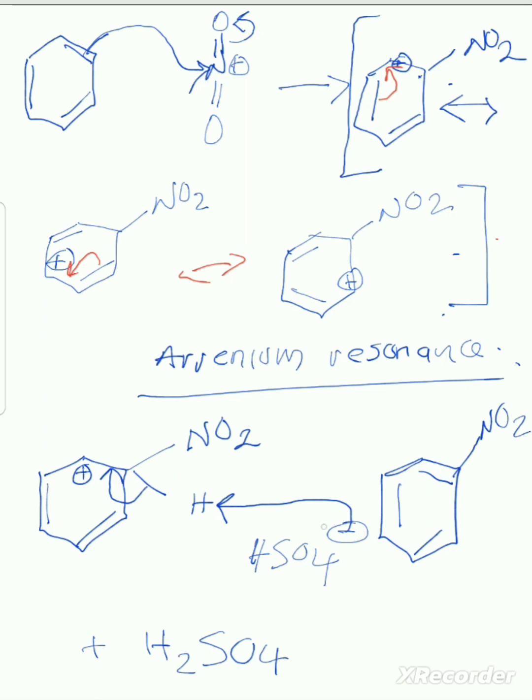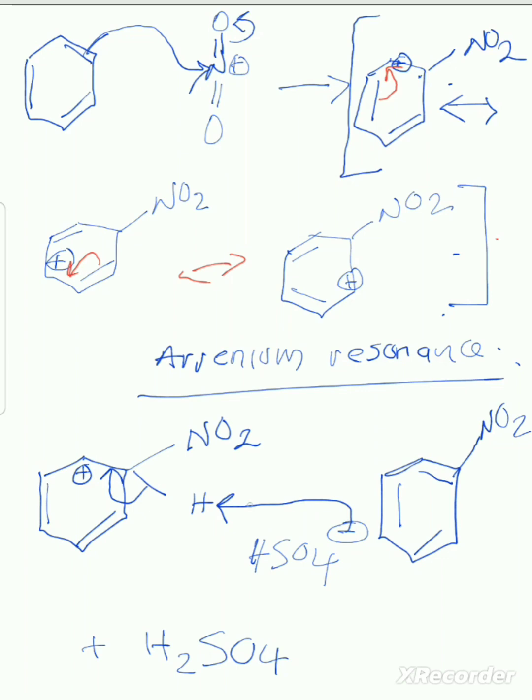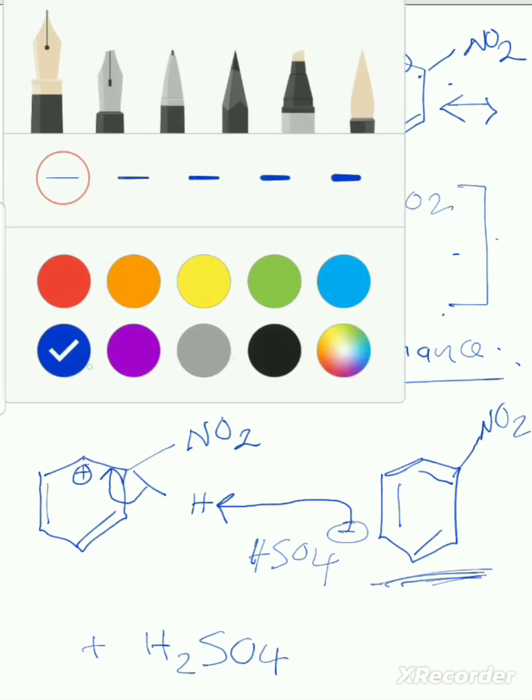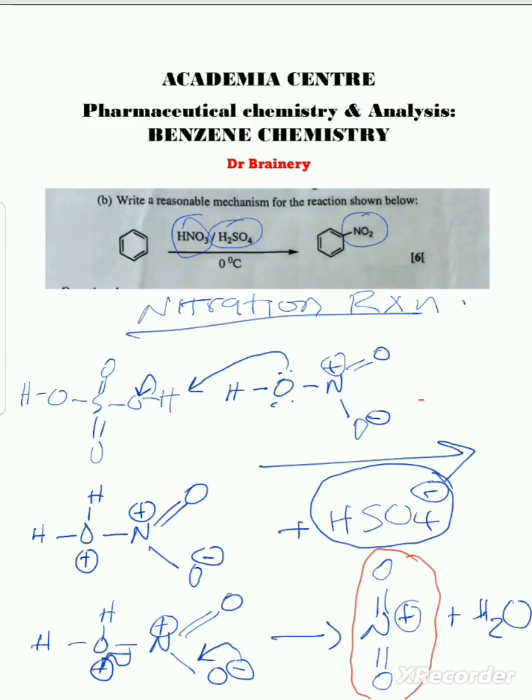That's what we have done here. The base that we formed at first when we were generating the electrophile is the one that is going to attack or grab this hydrogen, and this bond will come and make a double bond there, and finally we are going to have this as our structure. So this is our structure that we have, and when you check there, you have this.